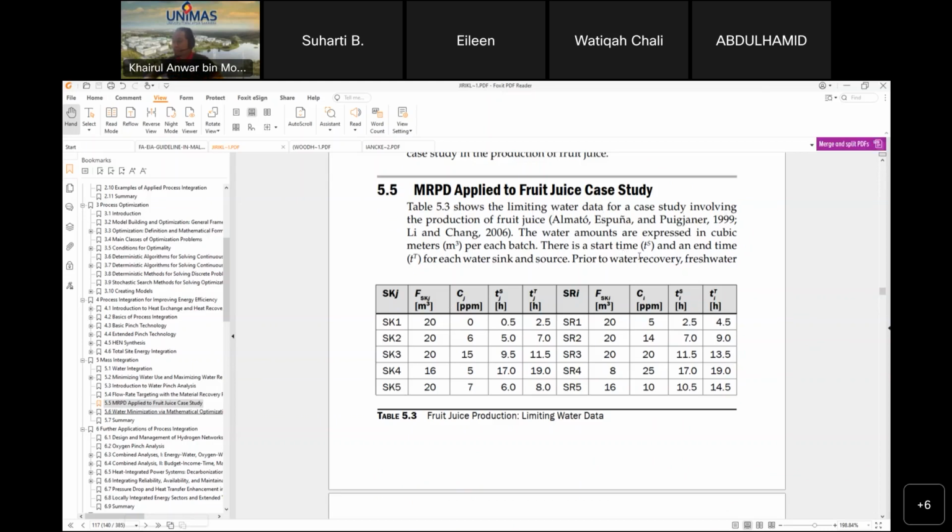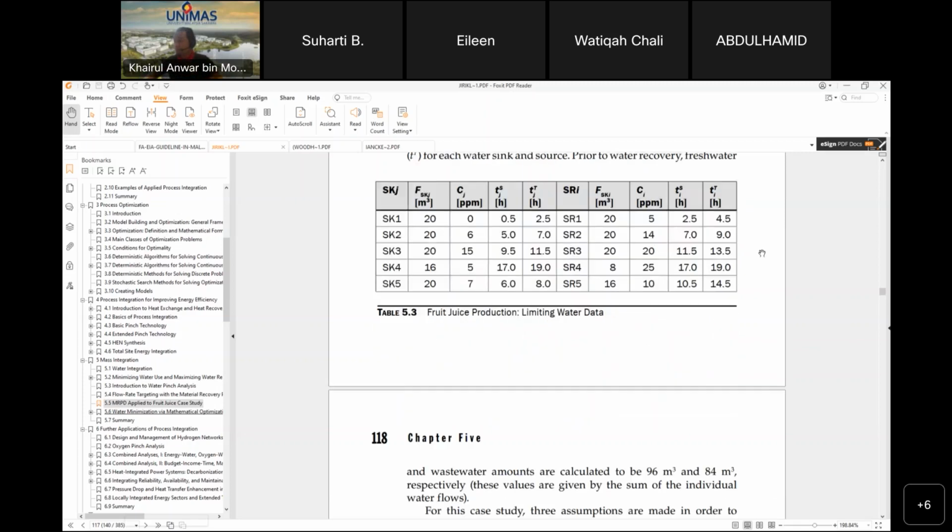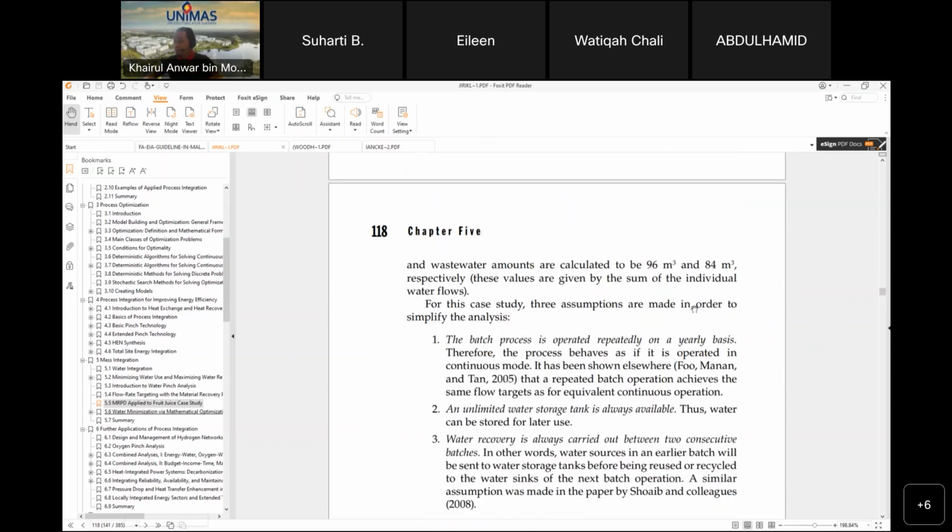There is a start time and end time for each water sink and source. TS is start time, TT is the end time. Prior to water recovery, fresh water and wastewater amounts are calculated to be 96 cubic meters and 84 cubic meters respectively.